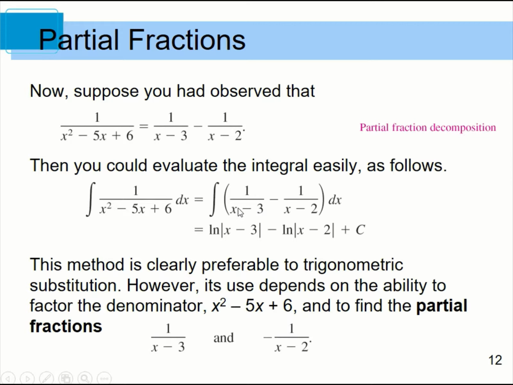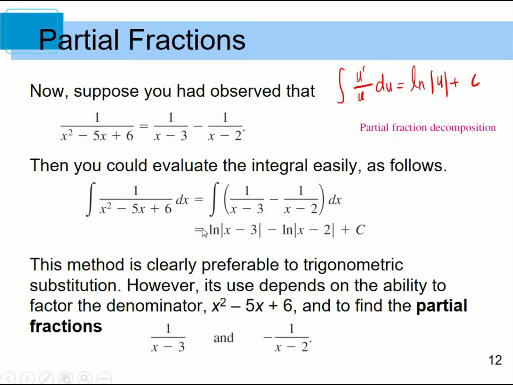So when we integrate this one, we know that this is actually absolute of x minus 3. Follow the formula: if we have integration of u prime over u du, this will be ln absolute u plus c.